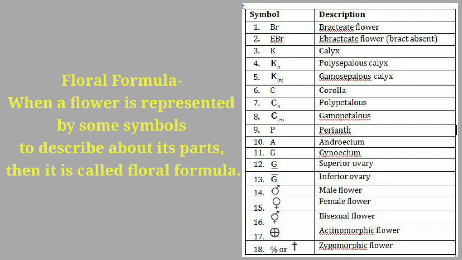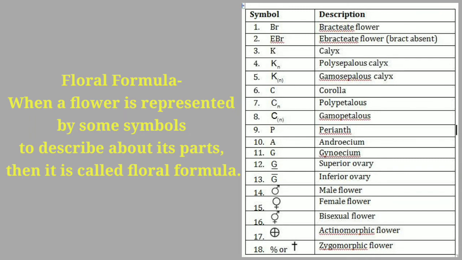And for a zygomorphic flower, there is a dash and 2 equal parts can be obtained from it. It is like a percentage sign, or another sign like a cross, that is also given. But we generally use the sign like the percentage. So these are the various symbols used to write the floral formula to describe a flower.